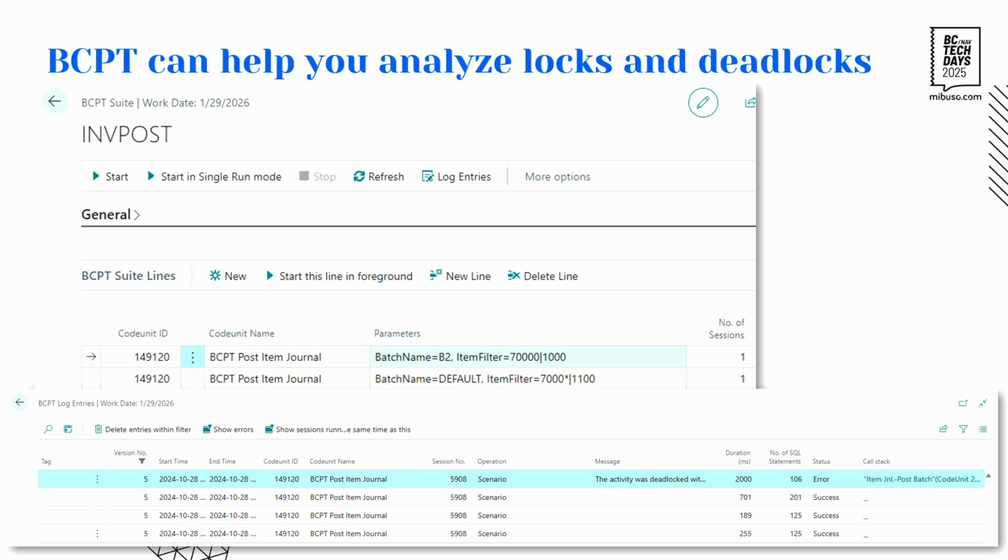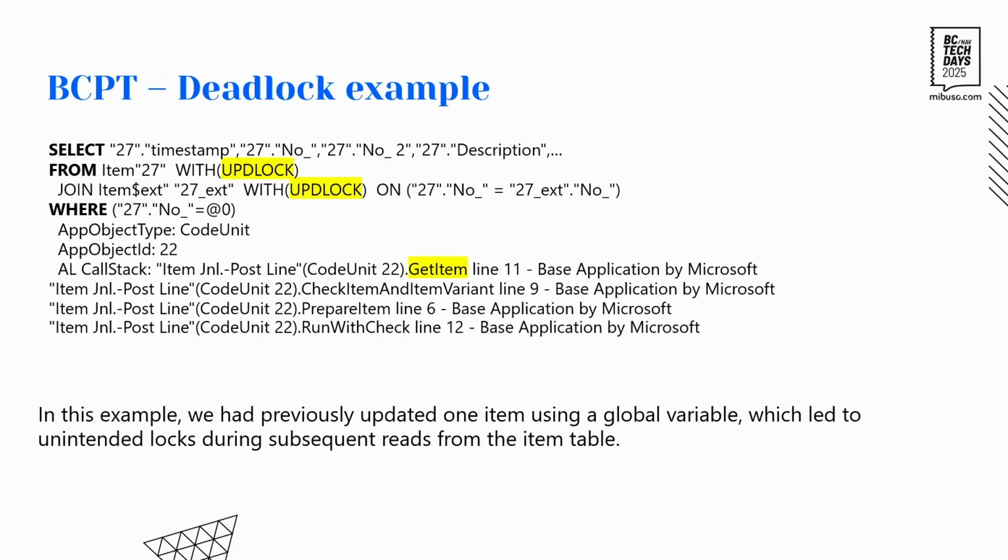And call stacks, that could be something like that, for instance. It could be anything. This is just one random example where we had updated one item, and then, as you know, if you don't use the new modern read isolation settings, you get into a table lock, so the next item you touch is also locked because it's a global variable.